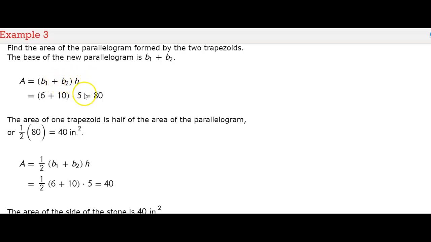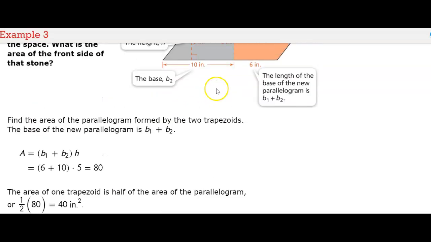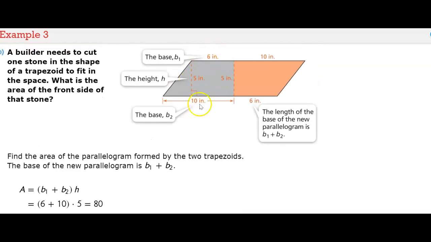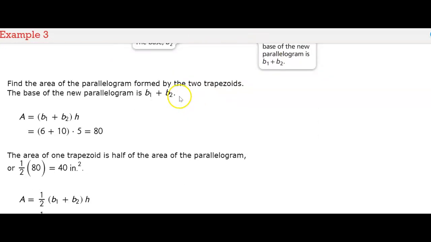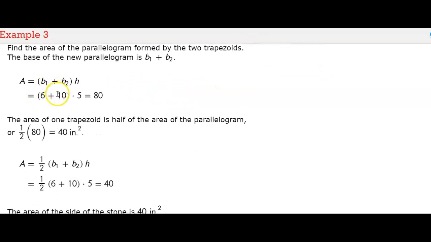So that's why it's multiplied by h. So when they substituted the variables with numbers, you have 6 plus 10, which was the bases of both actual parts of the parallelogram, which are the two trapezoids, times 5. And the 5 is the height. So once you add 6 and 10, 16, and then 16 times 5.